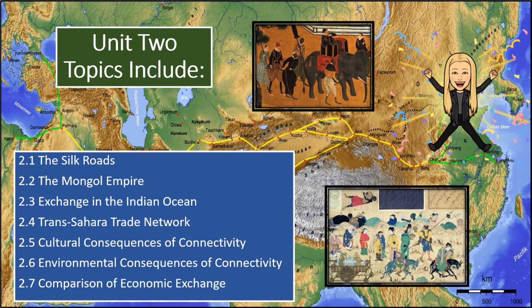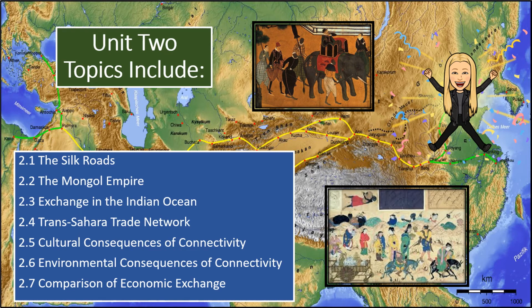We'll also look at the expansion of empires and how they influenced trade and communication on the Trans-Saharan Trade Network over time. 2.5, we'll look at the cultural consequences of this connectivity. We'll explain the intellectual and cultural effects of various networks of exchange in Afro-Eurasia.